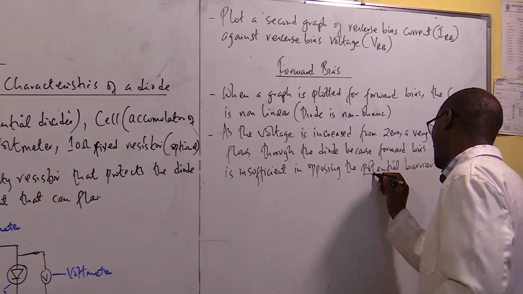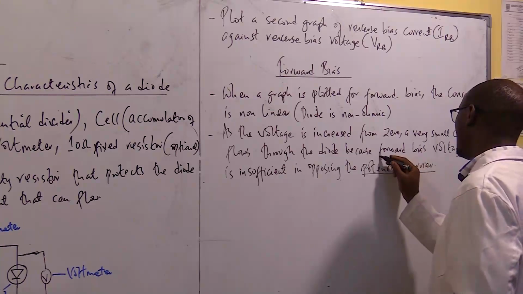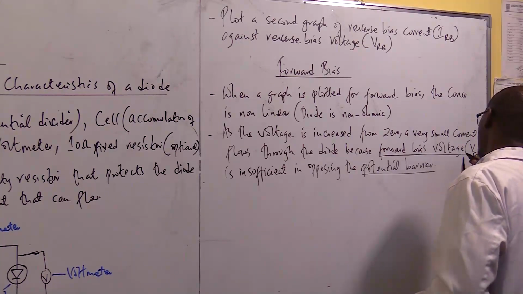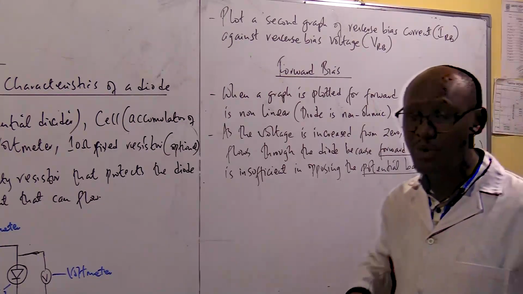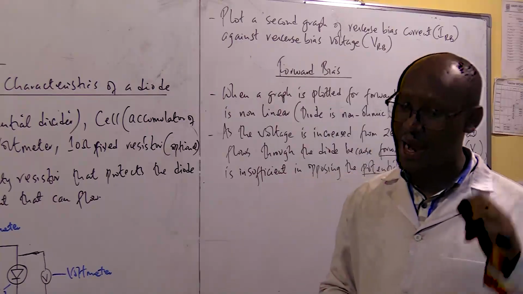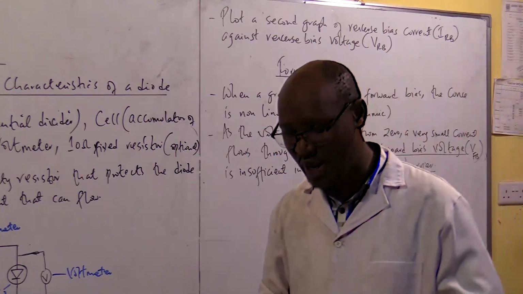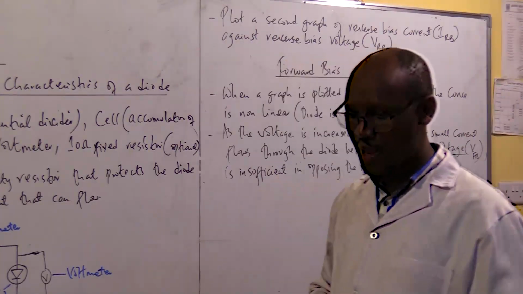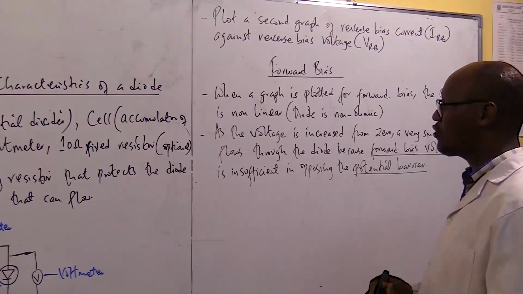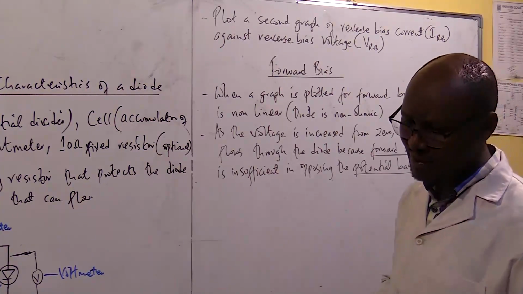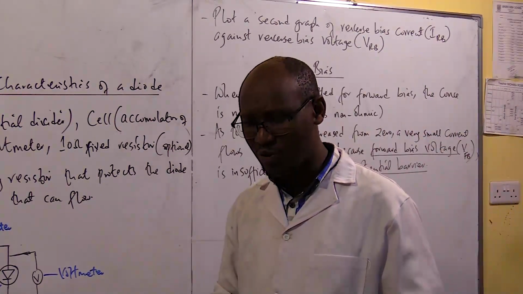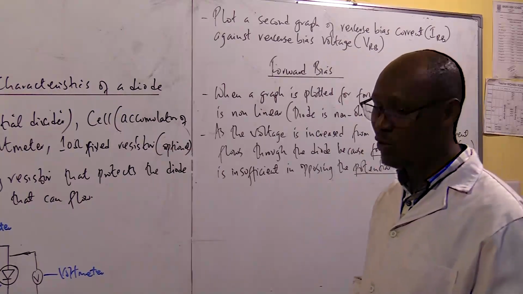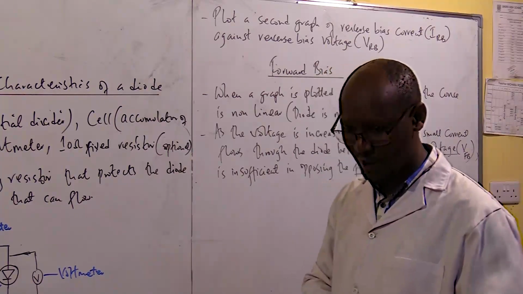You can recall we discussed all this in our build up to this PN junction subtopic. But after some time, we'll be able to see a large amount of current flowing.